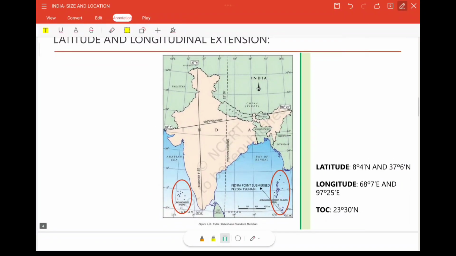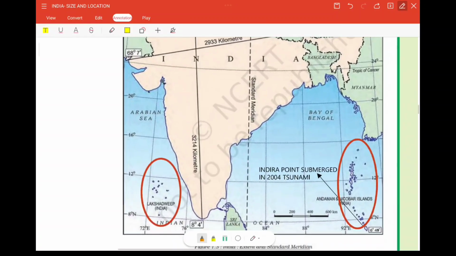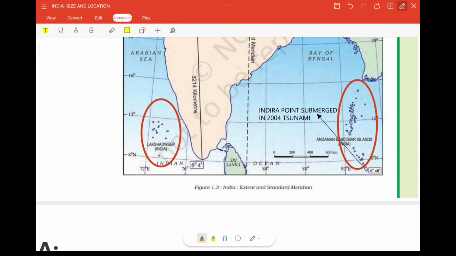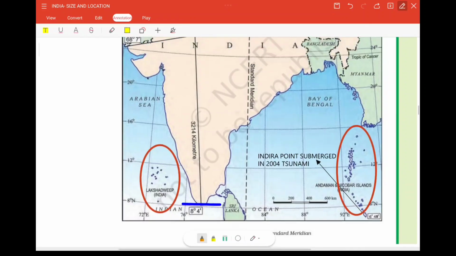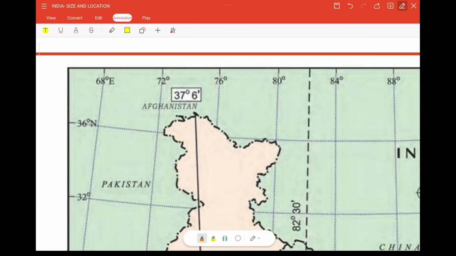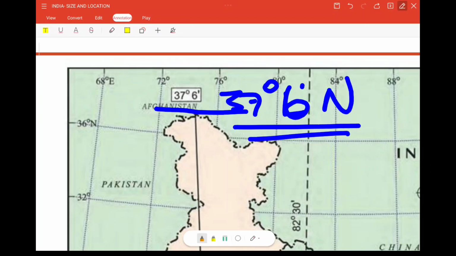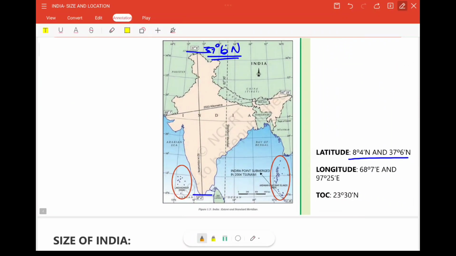Its latitudinal and longitudinal extensions are also very large. The latitudinal extension of India is from 8 degree 4 minute north to 37 degree 6 minute north. Here you can see the latitude 8 degree 4 minute north, and here you can see 37 degree 6 minute north latitude. So this is the latitudinal extent of India.